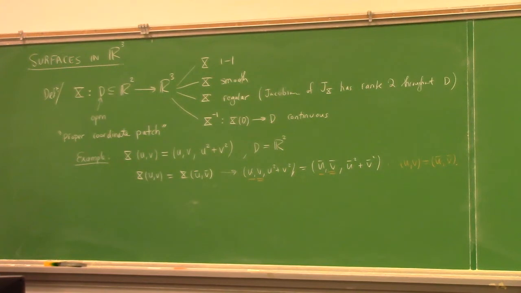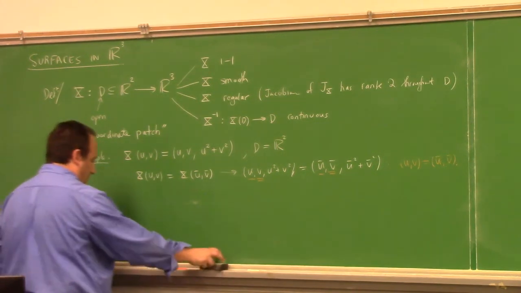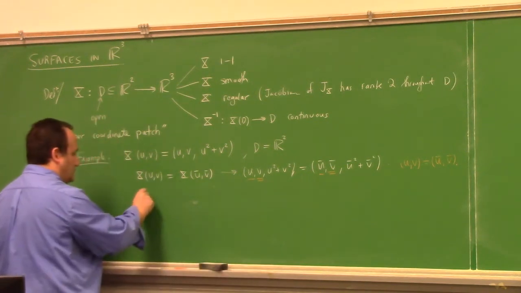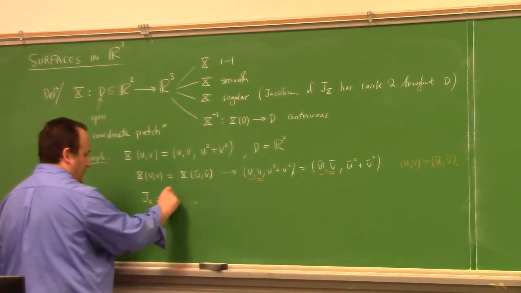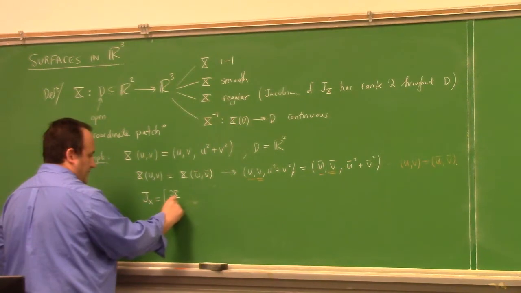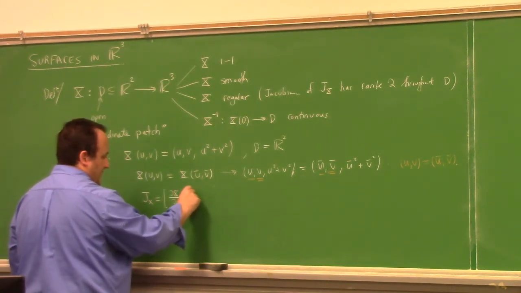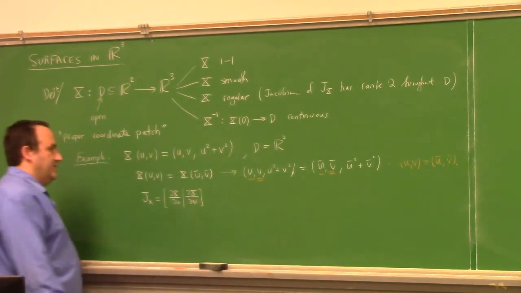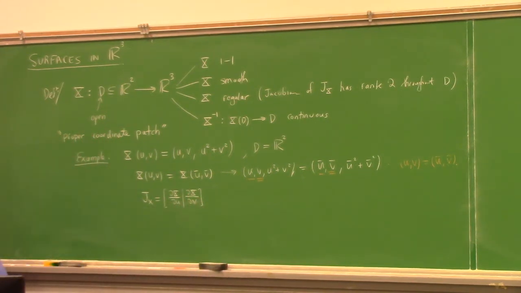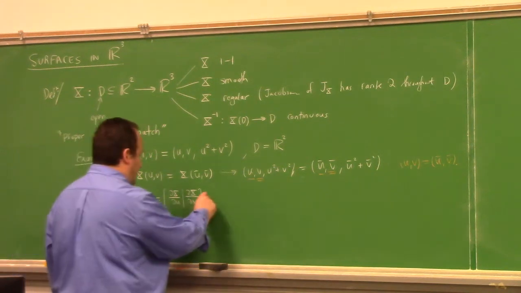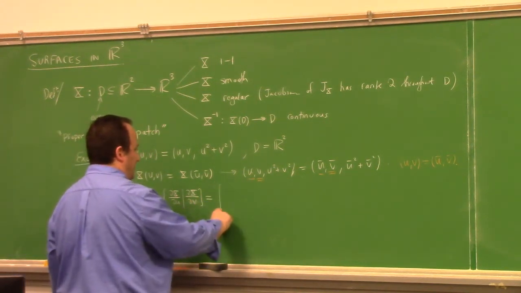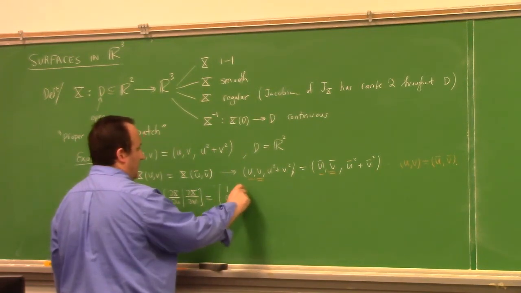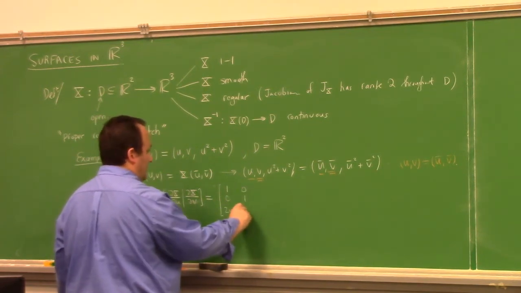Is it regular? What does that mean? I said the Jacobian has rank 2. So the Jacobian here would be partial x, partial u, partial x, partial v. I'm using u and v for the parameters of the patch. And so what is it here? Well, that's (1, 0, 2u) and (0, 1, 2v), right?